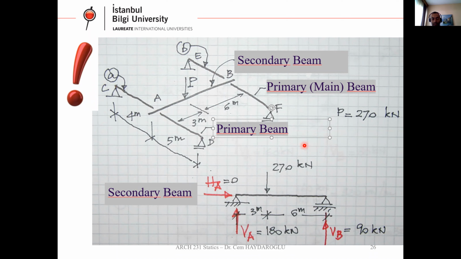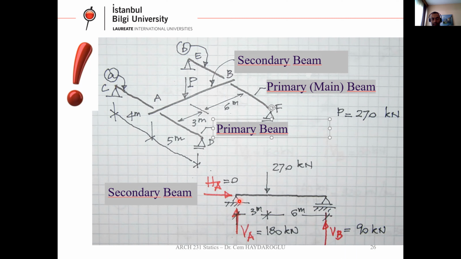We are going to calculate the support reactions one by one. The P is here, 270 kilonewton. We know that this load is distributed to point A and point B here. How do we distribute it?